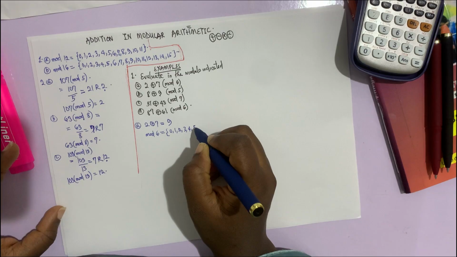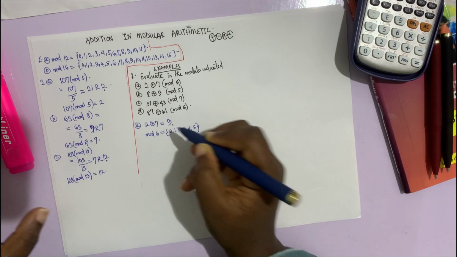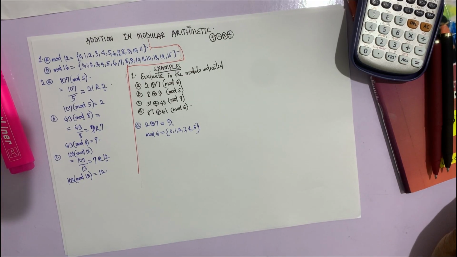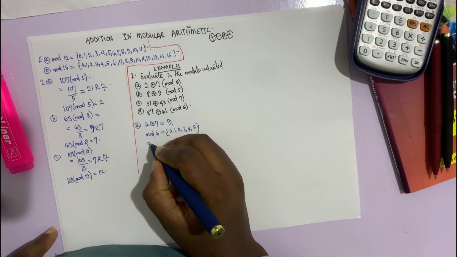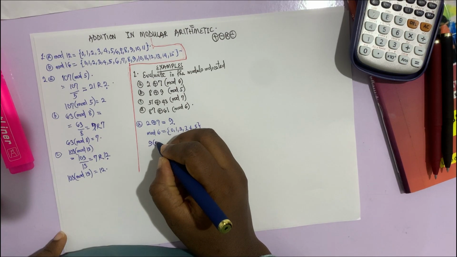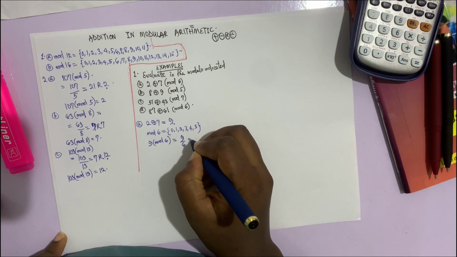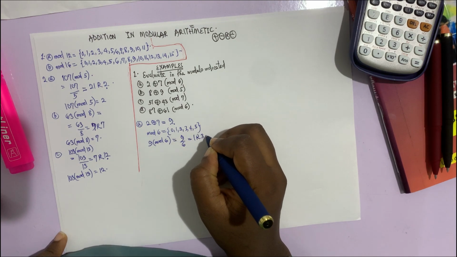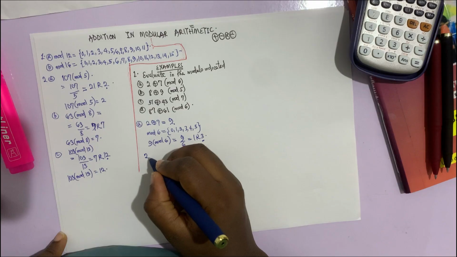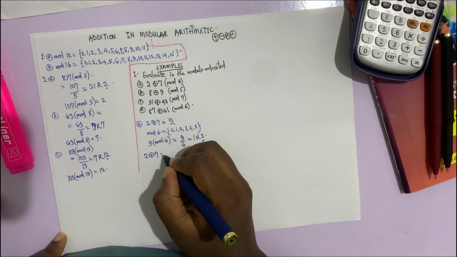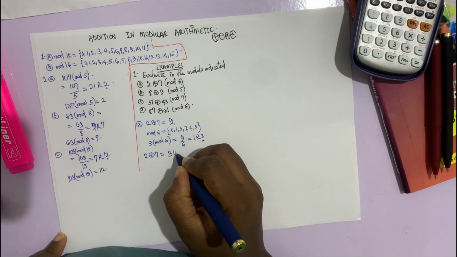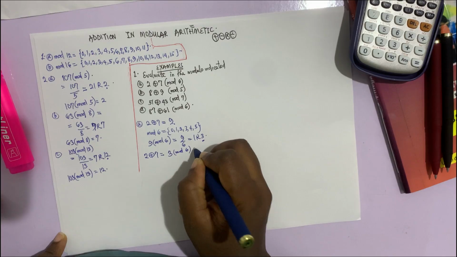So that means 9 is not a valid modulo residue, so it cannot be our answer. So what do we do? We take 9 in modulo 6, and basically that's 9 divided by 6, and that will give us 1 remainder 3. And so our final answer for 2 plus 7 is 3 in modulo 6.